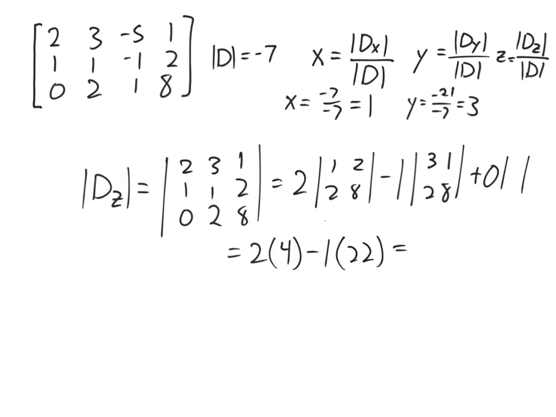So this is going to be 8 minus 22. And 8 minus 22 is negative 14. So z is going to be negative 14 divided by negative 7, which ends up being 2. So my answer is 1, 3, 2.